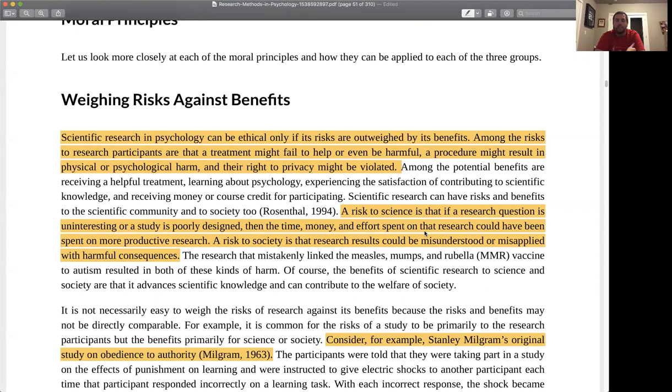Absolutely, we value our time. That one's a little bit your fault as a researcher, for designing something poorly or for studying something that's not interesting. But the money side of things, absolutely. There are certainly grants that psychologists can get, but outside of that, universities and colleges are funding the time spent on the research.